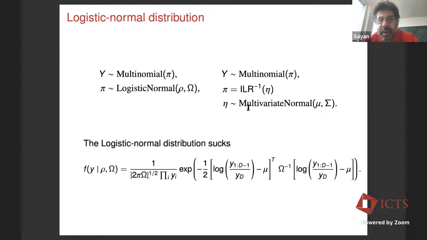And what we're advocating is what's on the right. And the reason why we're advocating what's on the right is that eta is much easier to model than pi, because it's just straight up multivariate normal. And sampling is easier if you want to do MCMC. Even MLE is easier.